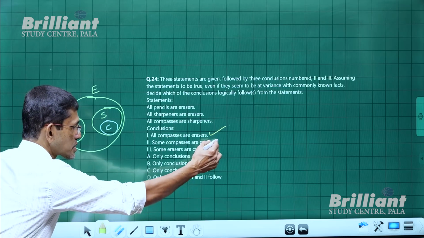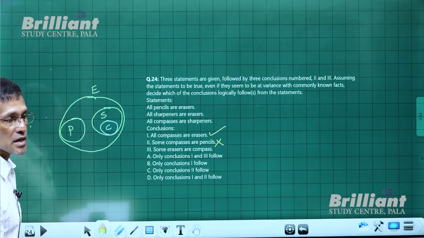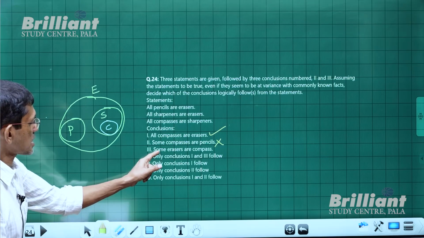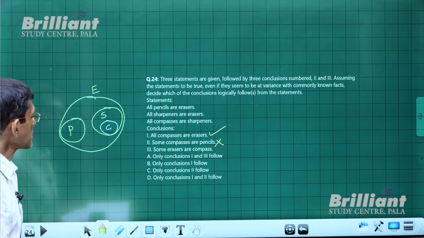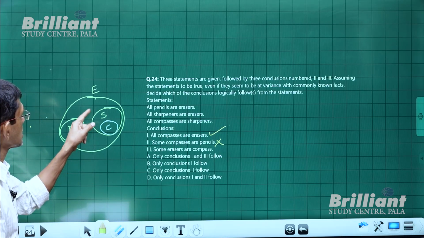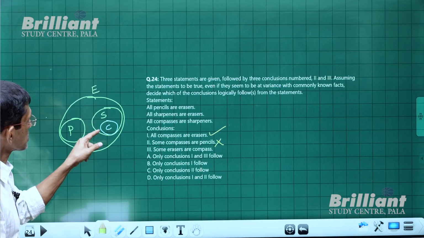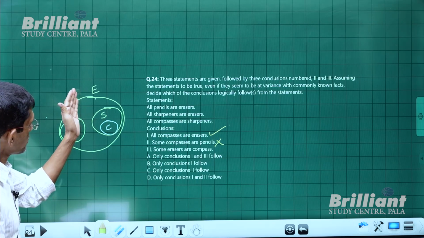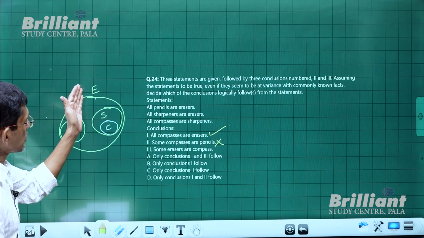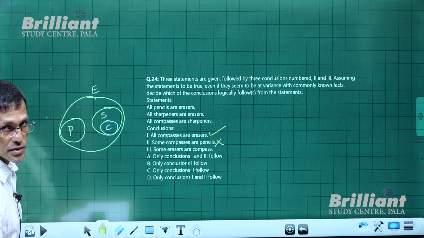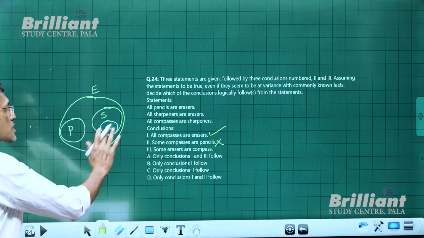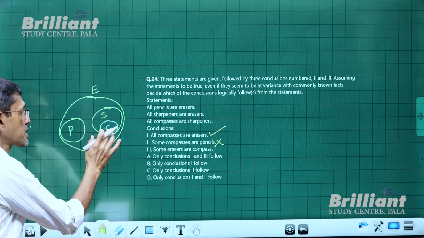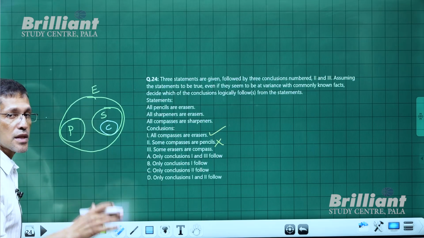A positive conclusion invalid for the basic diagram, so it doesn't follow. Now, number 3, some erasers are compasses. Well, all compasses are inside erasers, so obviously we can see that some of the erasers are compasses. This is the eraser circle and compasses are inside it, so some of the erasers which come in this area are compasses.